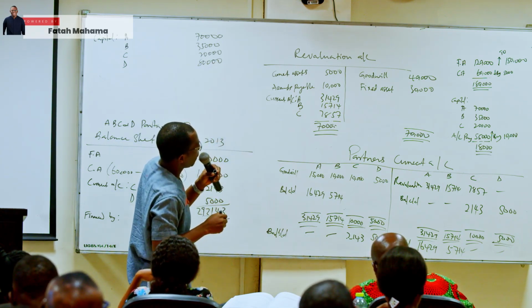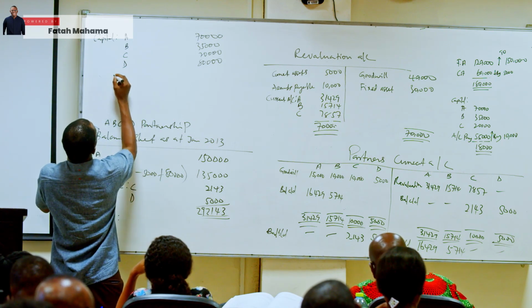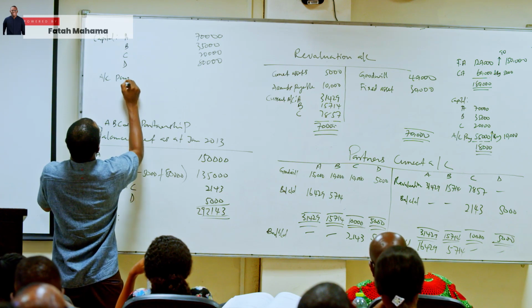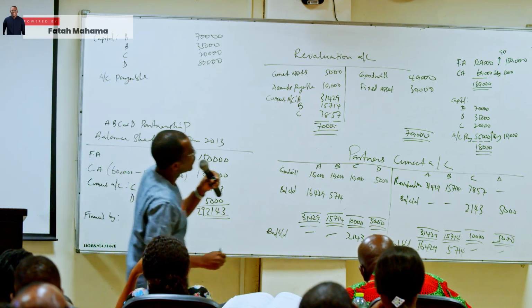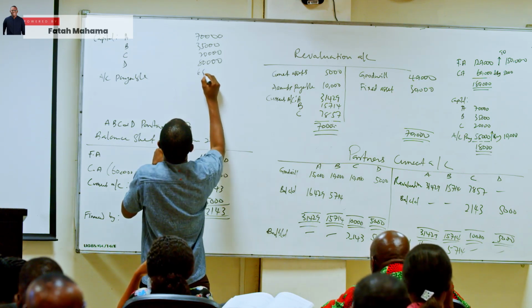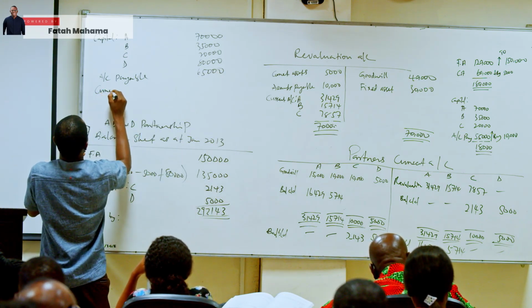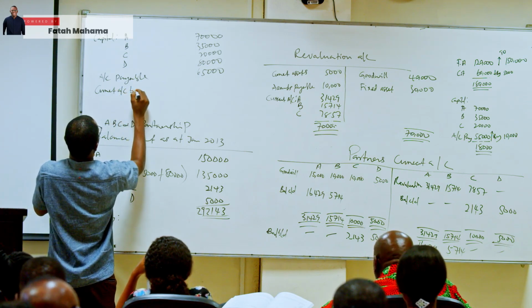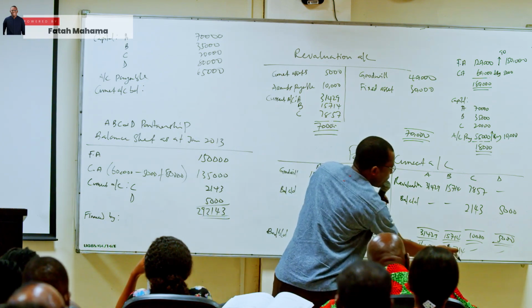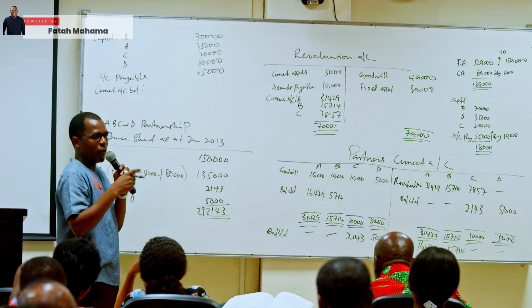Are we together? Then we go to accounts payable. How much? Yes, 65,000. Then current account balance. And this time, it will be what? A and B, because they are the ones that the firm owes, right? They have the liability.